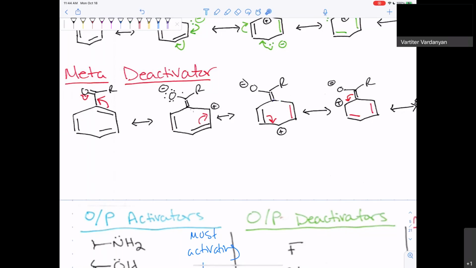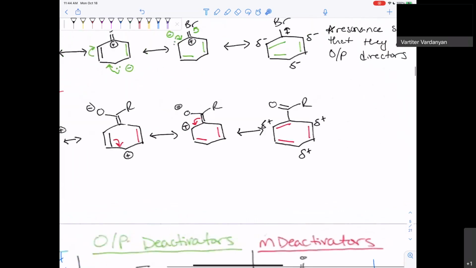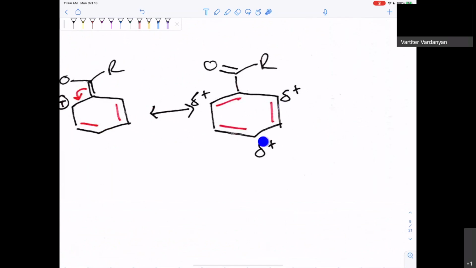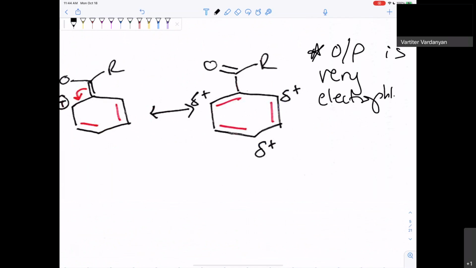But instead of a negative charge on these positions, we get a positive charge. So now we still have a charge on ortho-para, but it's delta plus. So if it's delta plus, that means ortho-para is very electrophilic, which means that by default, meta is the more nucleophilic center.